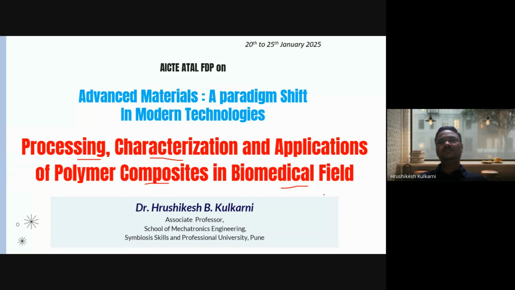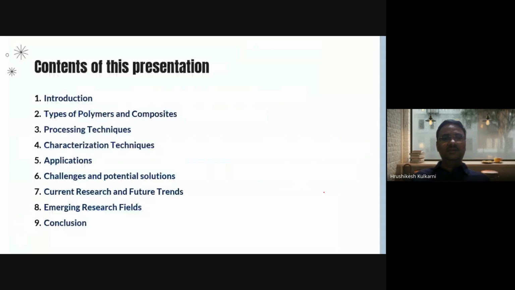So now let us have a quick journey through this, so that you can move your interest to this area and get more papers and more citations in the upcoming days. In my presentation, I am going to give the introduction, a quick review of types of polymer composites, and the different processing techniques involved.